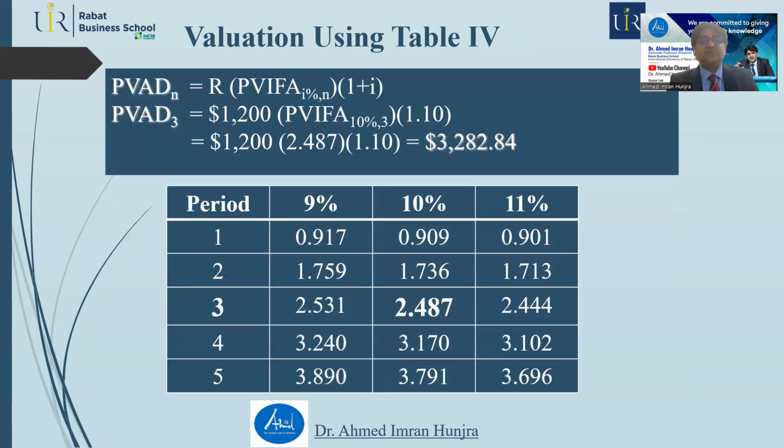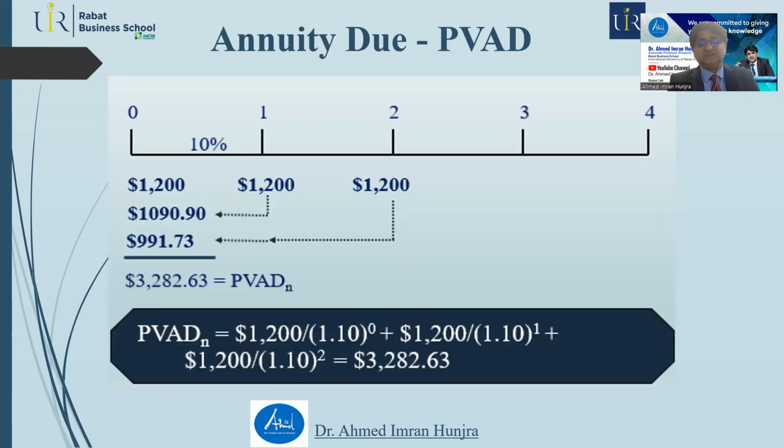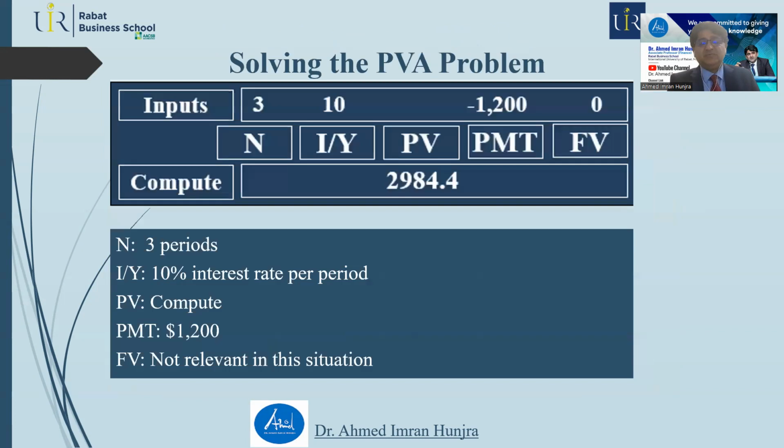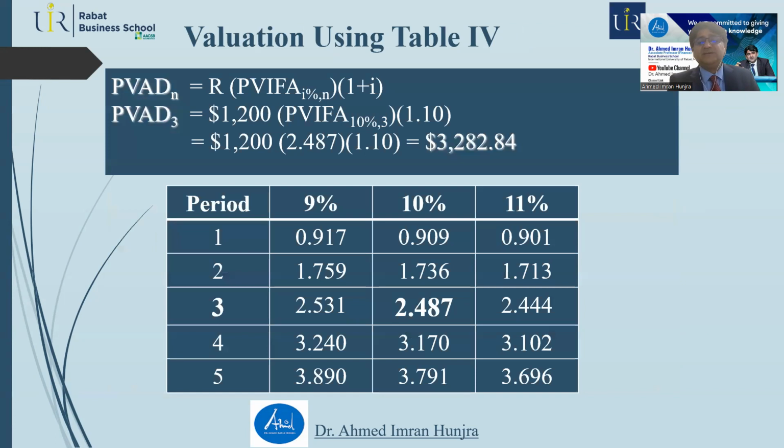We can find it individually, or we can apply the interest factor table. So 10% for 3 years. What we found for the ordinary annuity, 2984, we multiply by 1 plus I. We use the same formula, 2.487 multiplied by 1 plus I, and we get 3282.84. So this is the present value of annuity due.